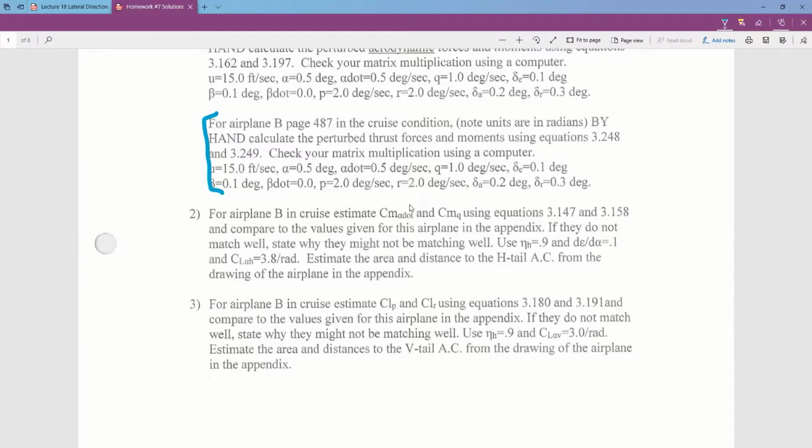And then problem 2 is to use the estimate equations for CM alpha dot and CMQ. So these are horizontal tail effects. I've given you some data, and you need the lift curve slope for the horizontal tail because they're horizontal tail effects.